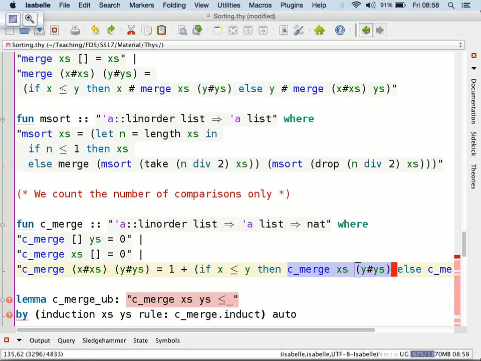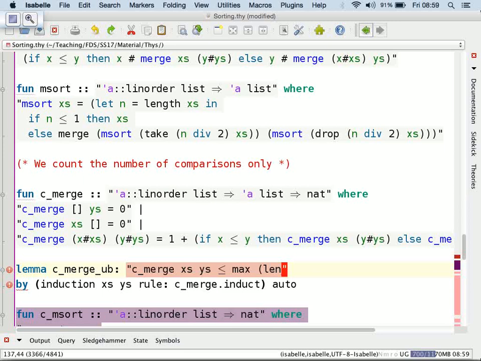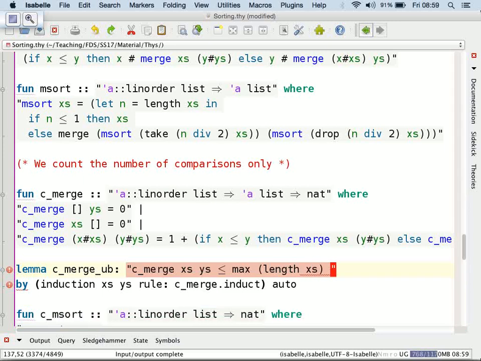Then I think you haven't quite grasped what C merge does. C merge counts the number of comparisons that merge will do when it merges xs and ys. That's why C merge is defined completely analogously to merge. Yes? At most the maximum of the length of xs and ys. Right, max of length xs and length ys.